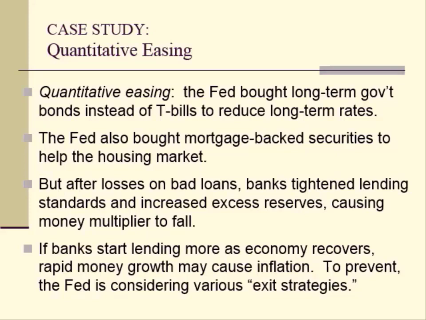So in order to prevent this, the Fed considered various exit strategies. For example, selling treasury bonds and other securities in the Fed's portfolio. Another example would be increasing the interest rate it pays on reserves, making holding reserves more profitable for banks, discouraging bank lending and keeping the money multiplier low. These are examples of exit strategies.